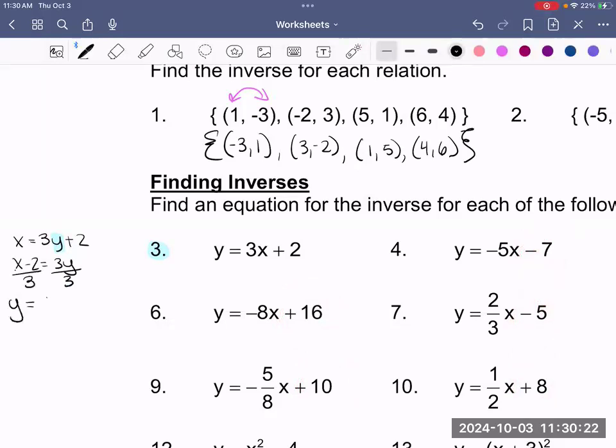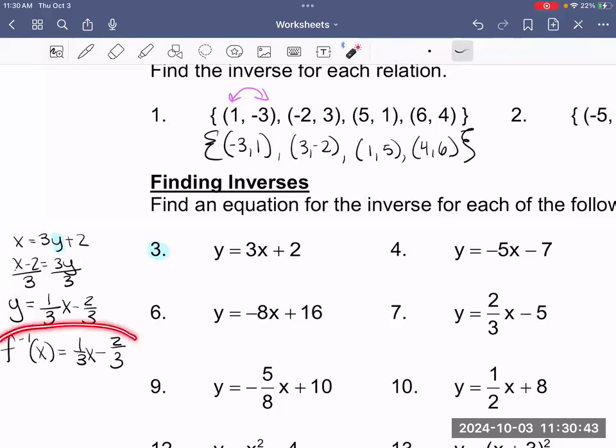So you have y is equal to x minus 2 over 3, or if you'd like to break it up so that each term has a division by 3, you could certainly do so. And the last thing is by actually going ahead and writing your inverse. Funky looking 3. There we go. This is the inverse of this one.